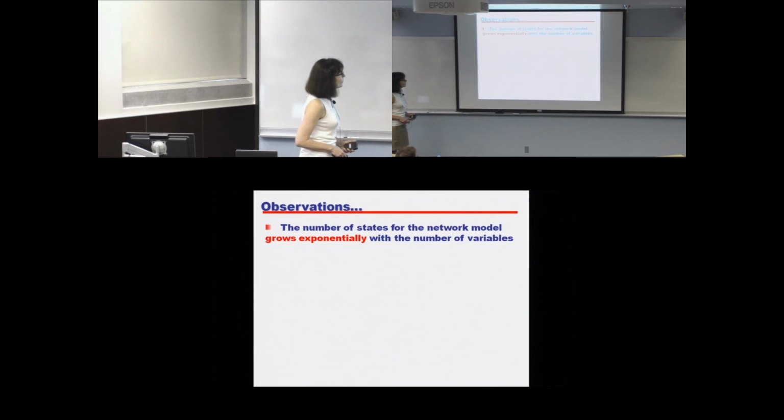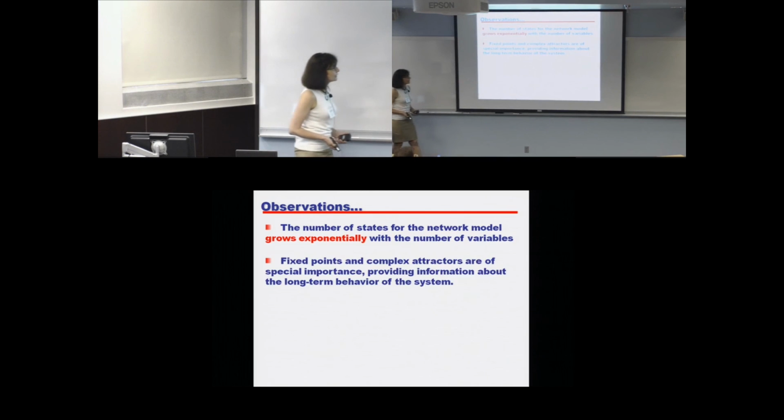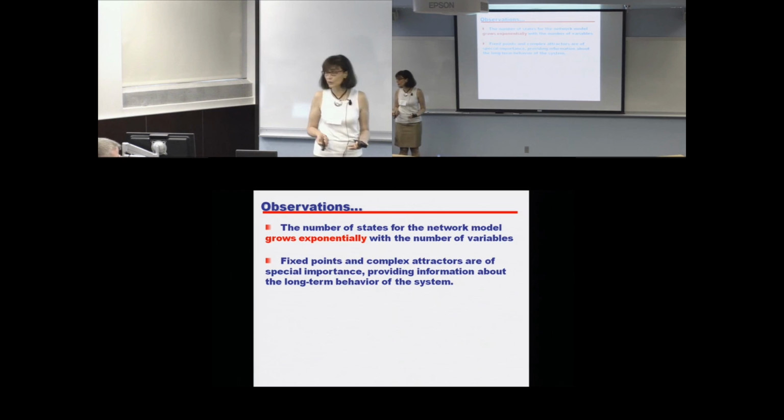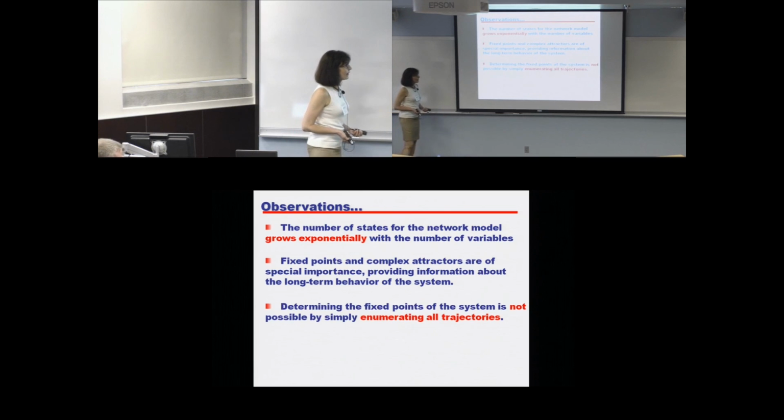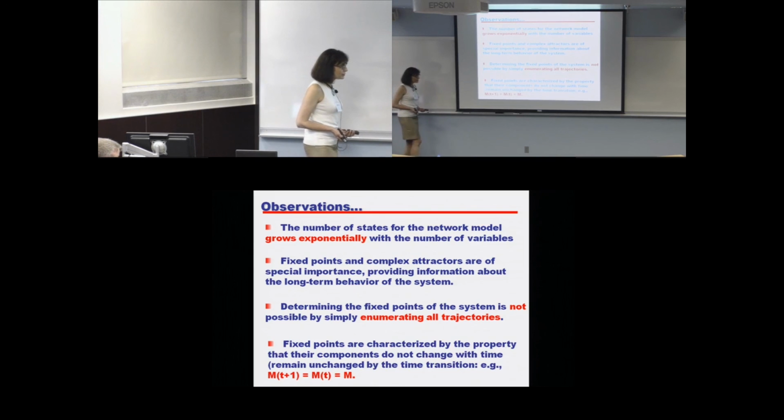All right, since the number of states grows exponentially, we want to know the fixed points, the special attractors. We want the cycles, all of this ahead of time. So how do we do that? We cannot do it by enumerating all the trajectories.